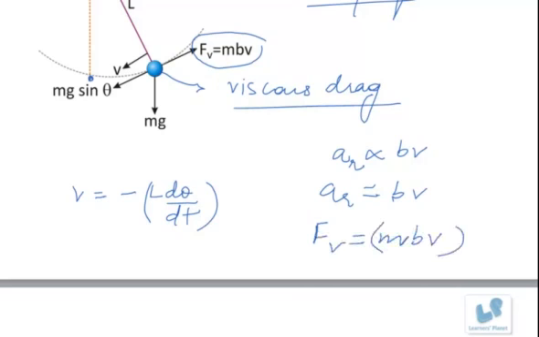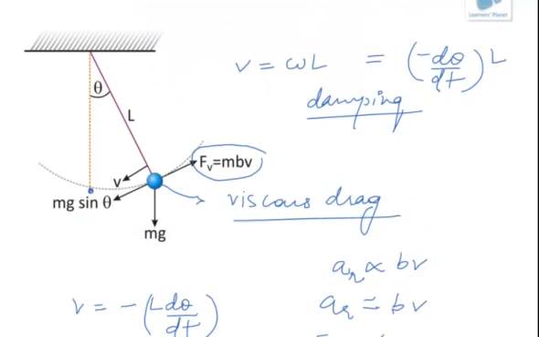Now we know that this force is acting against the motion. If velocity is in this direction, viscous force would be in the opposite direction, and the component of weight, that is mg, is mg sin theta in this direction. So mg sin theta is trying to restore the bob to its original position, and viscous drag is opposing that motion in this particular diagram.